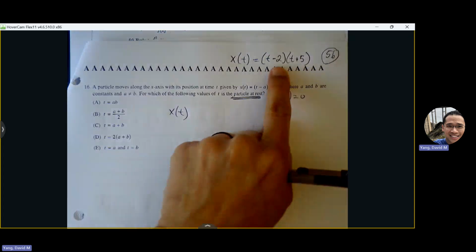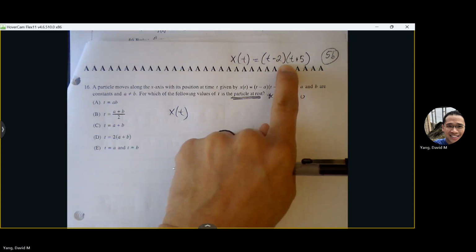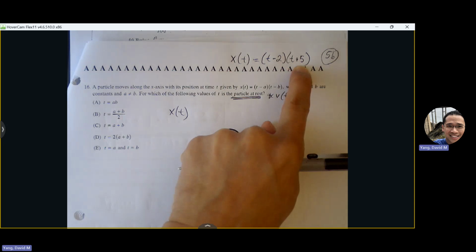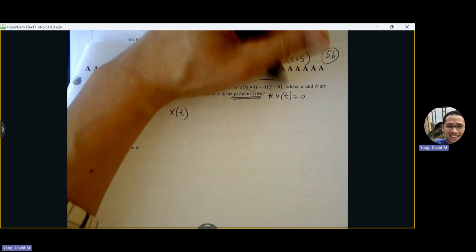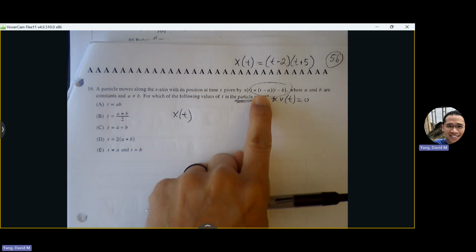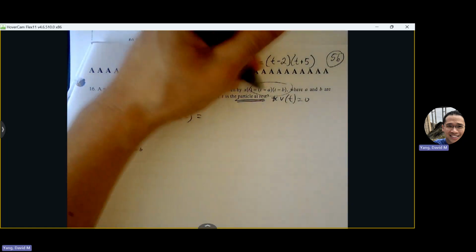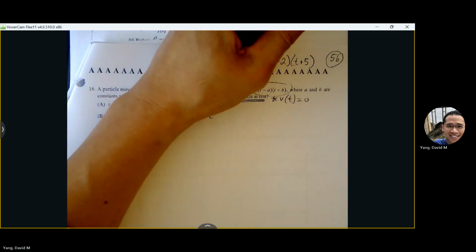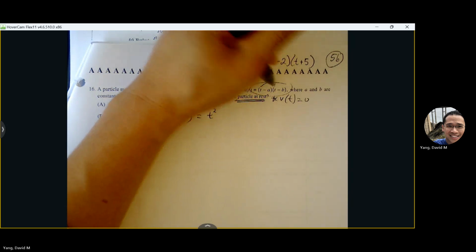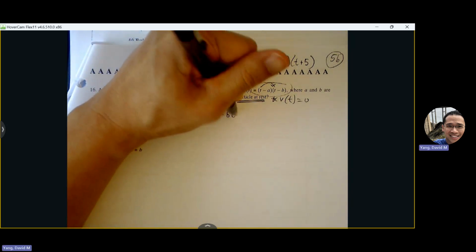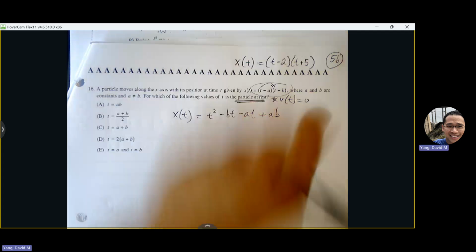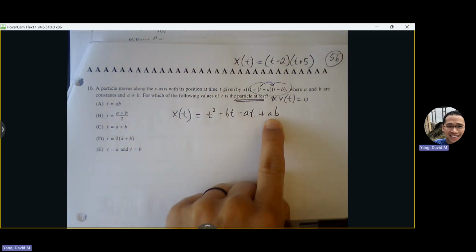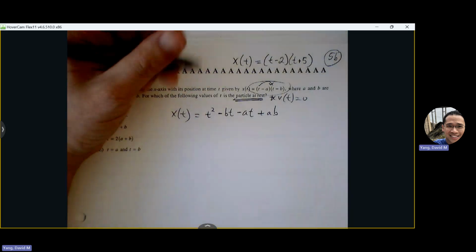I'm just using this as a way of helping us understand that a's and b's are just numbers, but we're going to go back to this equation and expand it out. So t squared minus bt minus at plus ab. So imagine ab is like 2 times 5, right? Just some number here. So we have our cleaned up position function.